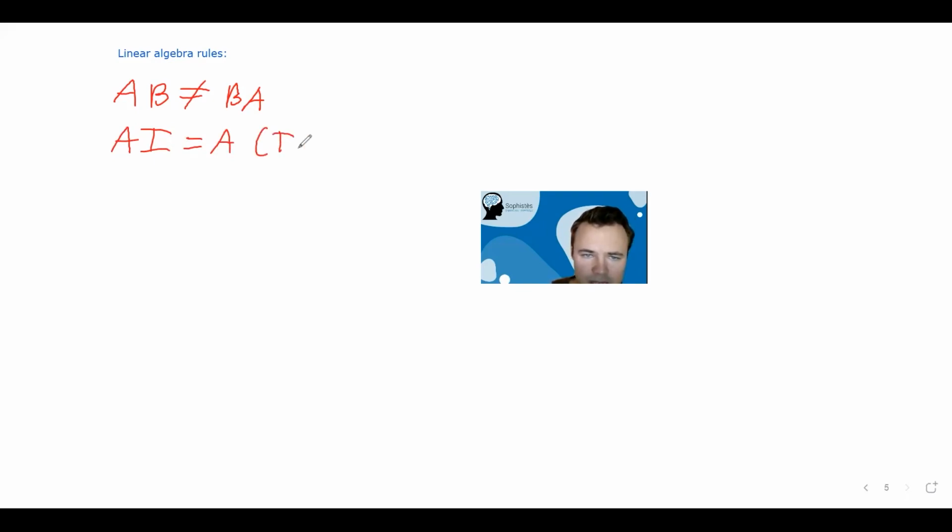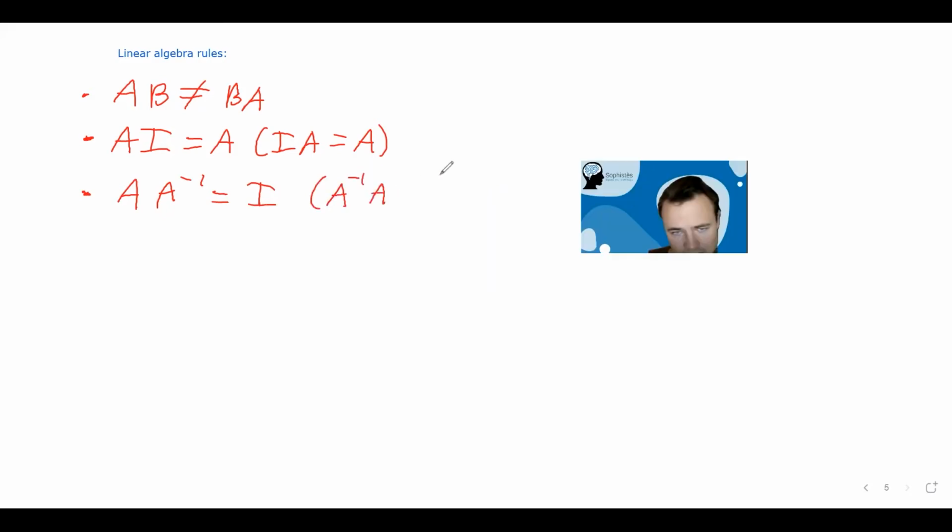And if you switch it up, so I times A, that will also just give you A. That's the second rule. The third rule we already saw: if you multiply with the inverse matrix, you get the identity matrix. And also if you switch it up, so you take the inverse matrix first, you also end up with the identity matrix. Now I will start by adding some extra rules.